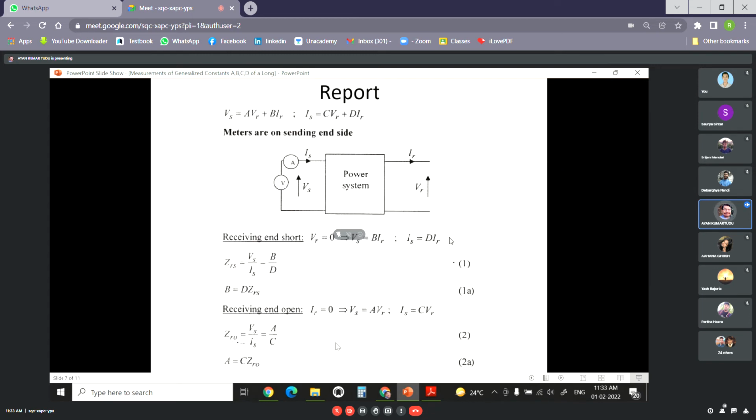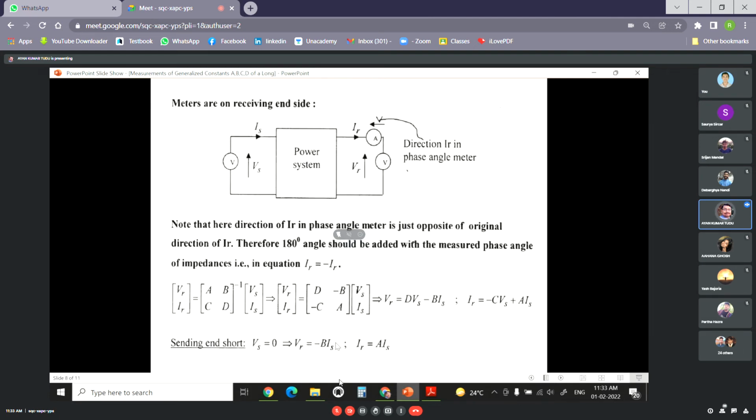Now we will change the direction of the meters. The meters are on the receiving end side, but please note that the phase angle meter will be measuring the current flow in this direction.